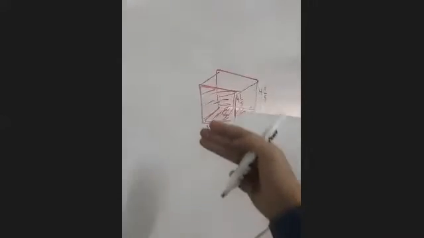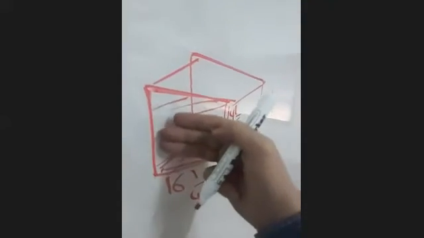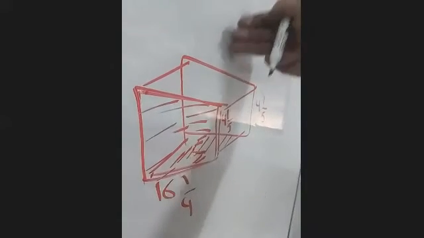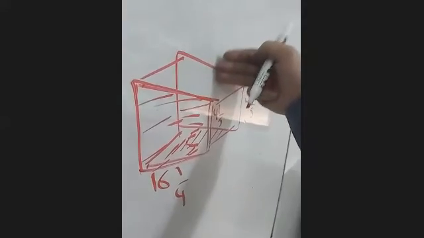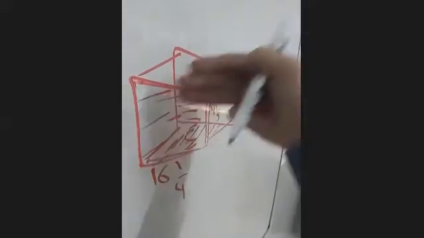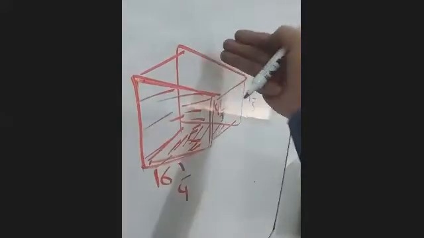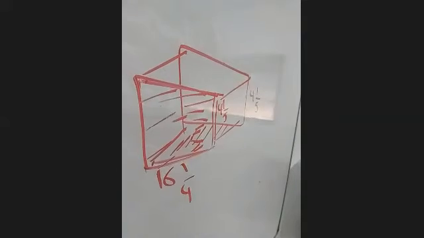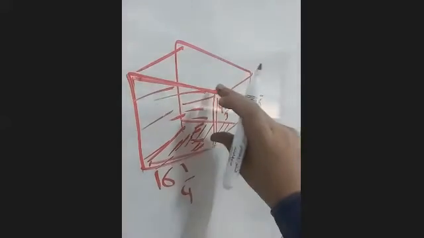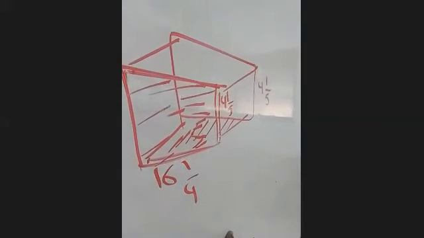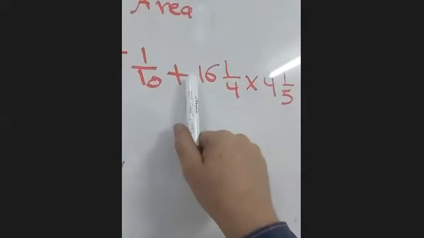But this face which is facing us is congruent to the face on the opposite side, which is behind, right? So we have two equal faces here, with the same length and the same width. So what will I put here before them?